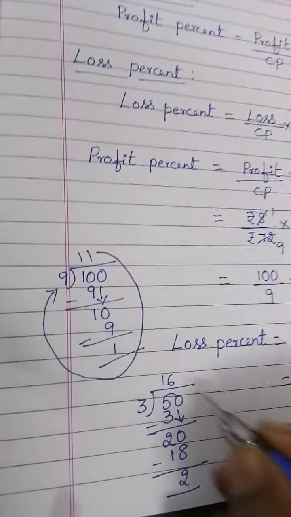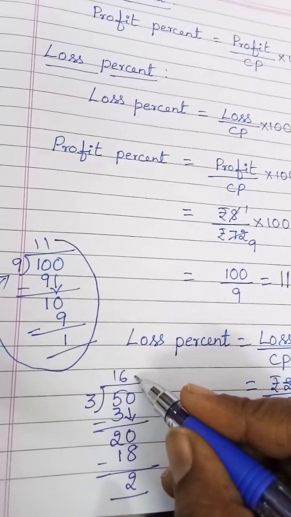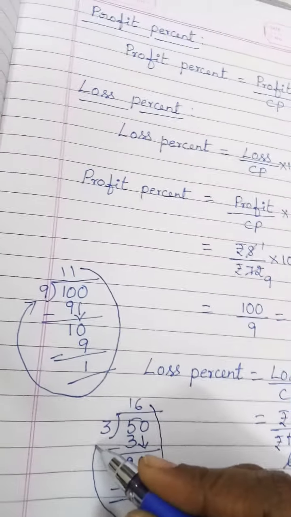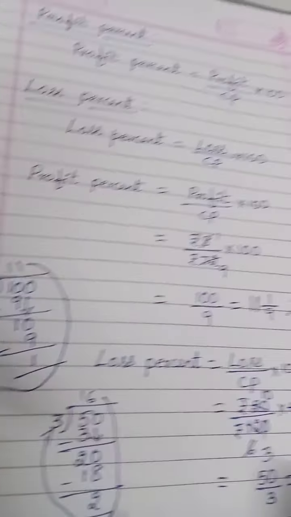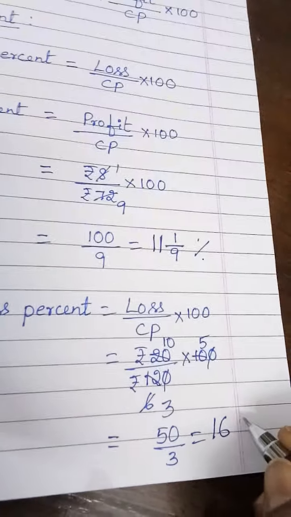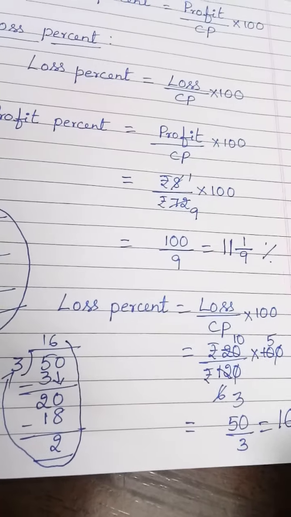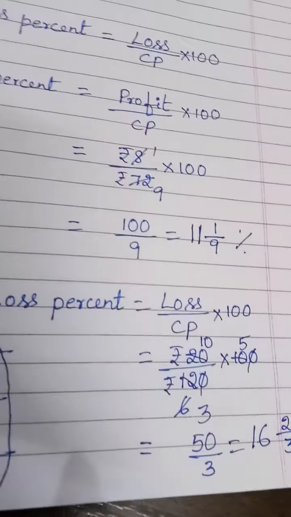So stop here and, as usual, what I said: from the quotient you start, and then the remainder. See, 16 as a whole number, and the remainder is 2. The last number is 3. 16 2 by 3 is the loss percentage.